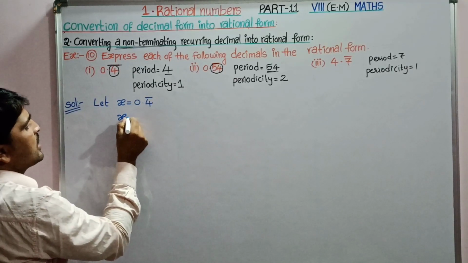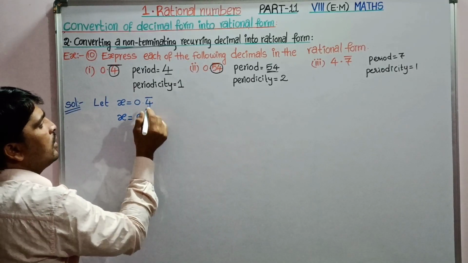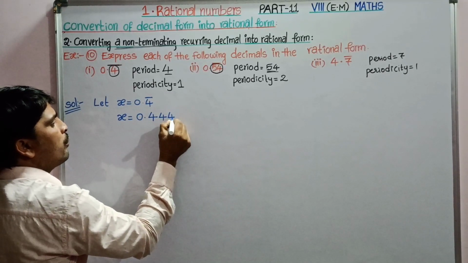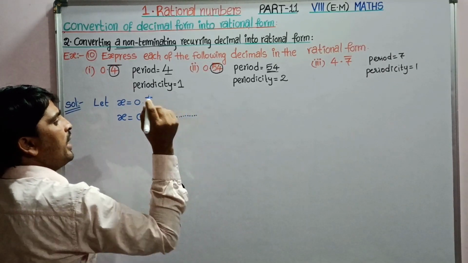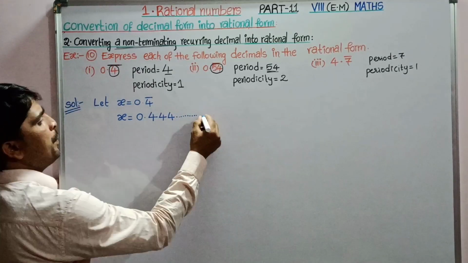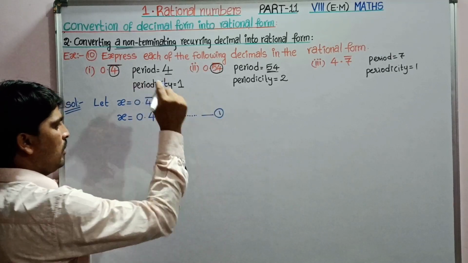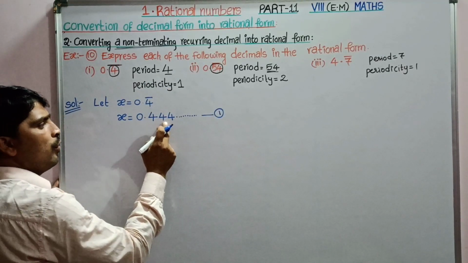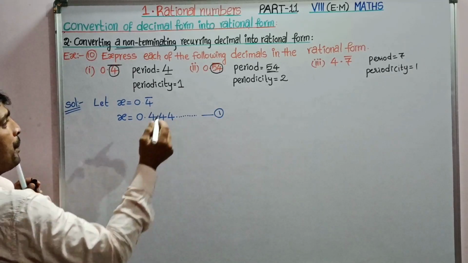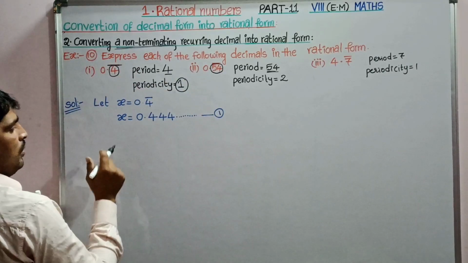So x can be written as 0.4444, and as many decimal places as we wish we can write. Let it be equation 1: x equals 0.4444 and so on. Now periodicity is 1.